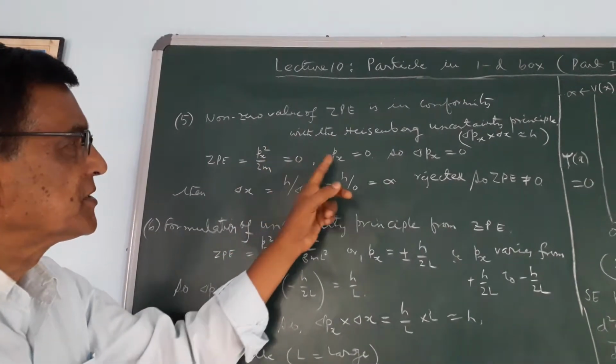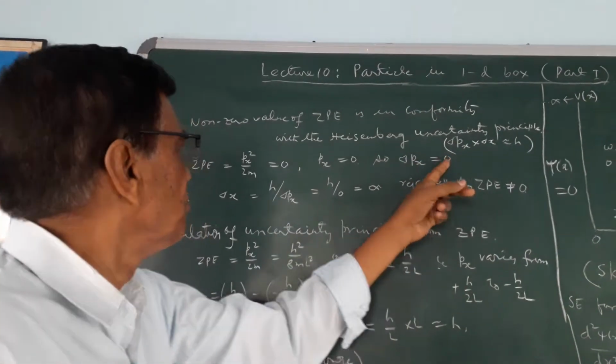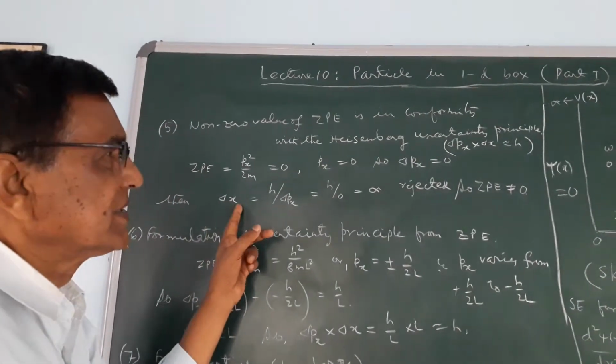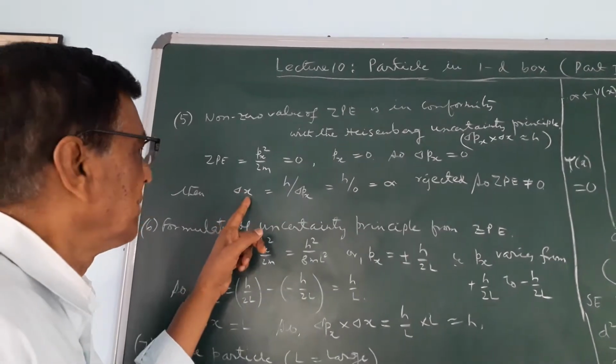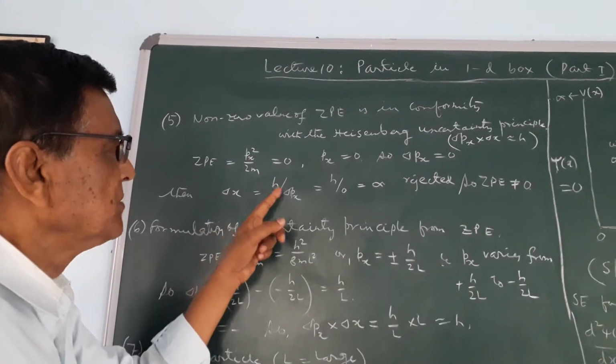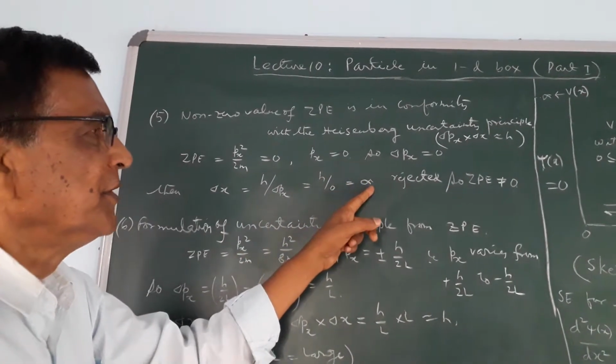In that case, px equal to 0 and delta px is again 0. So delta x in determining the position of this particle equals h by delta px, equal to h by 0, equal to infinity.